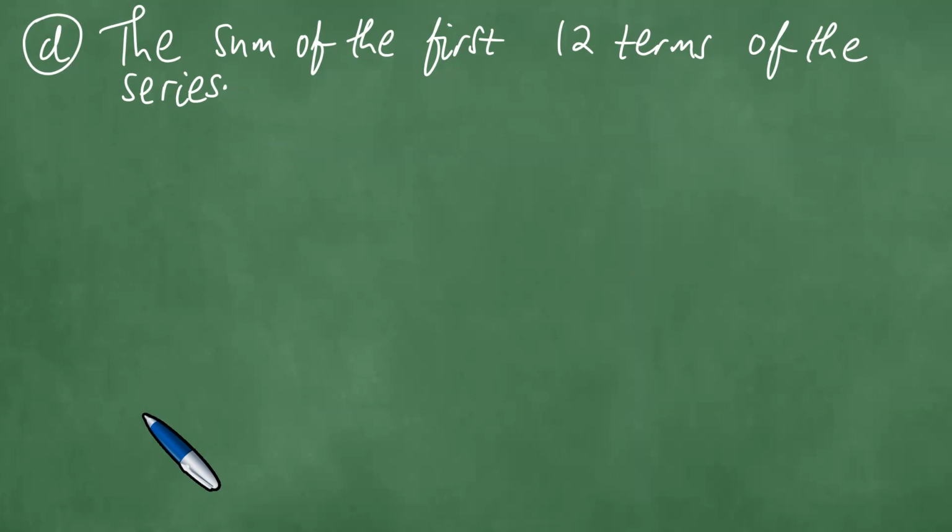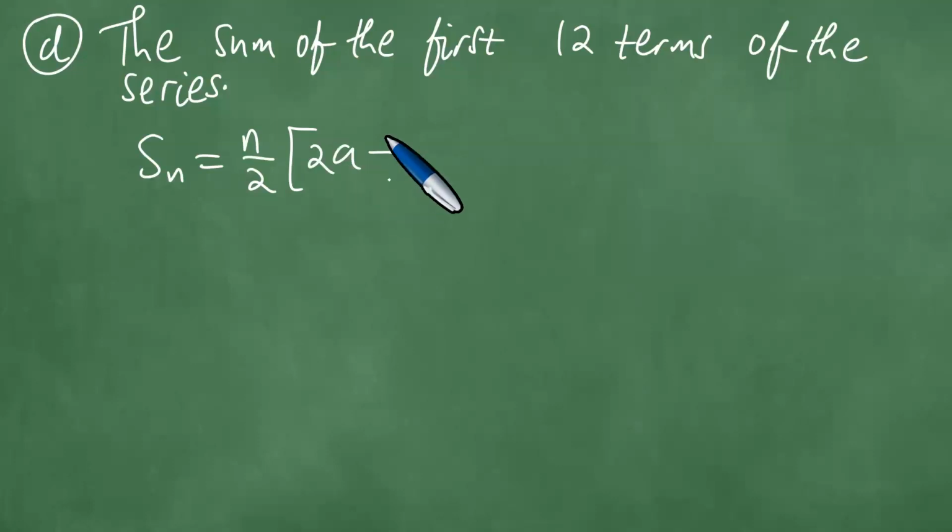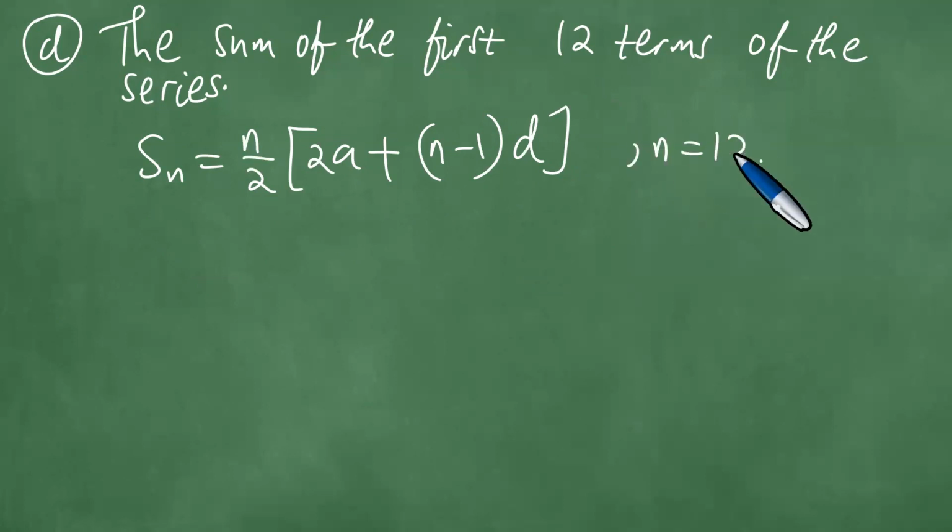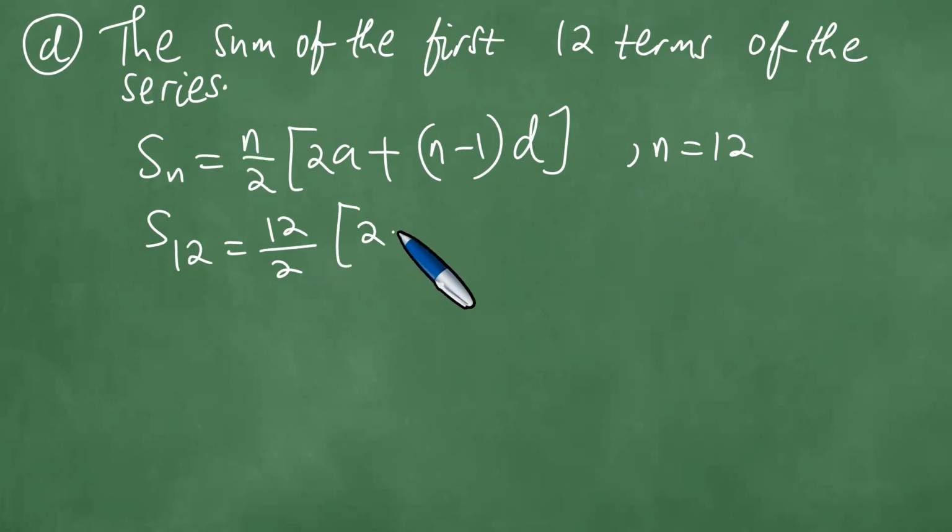So we need to use the sum formula. What is the sum formula? The sum formula is n over 2 into twice a plus n minus 1 into the common difference d. But it's the first 12 terms, so n is 12. Twice a, the first term. What is the first term?